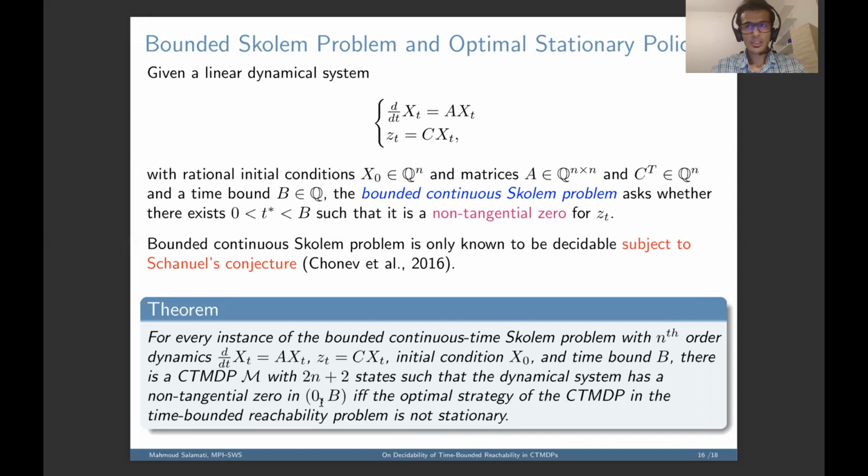And this shows that if we come up with an unconditional decision procedure for checking if the time-bounded reachability problem for CTMDPs has an optimal stationary policy or not, we can immediately come up with an unconditional decidability procedure for the bounded continuous Skolem problem as well.